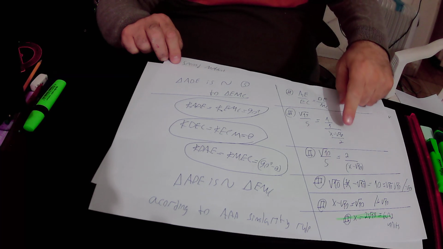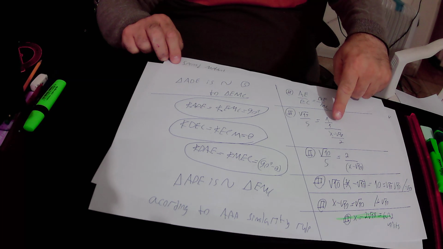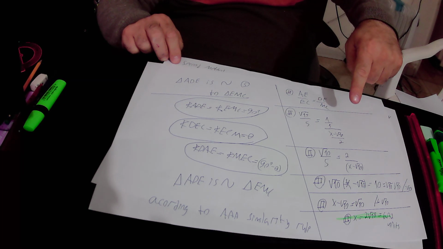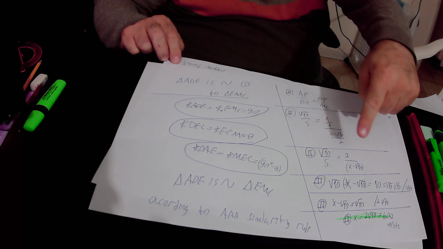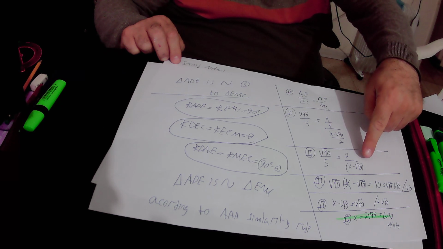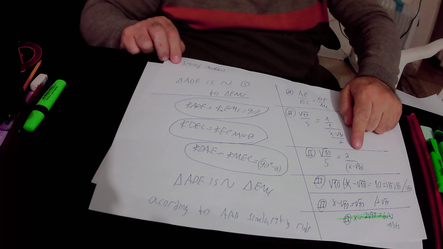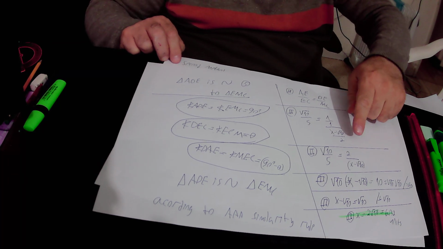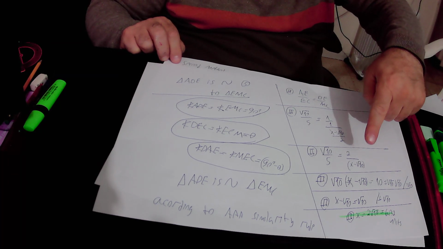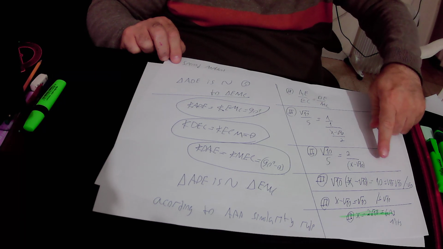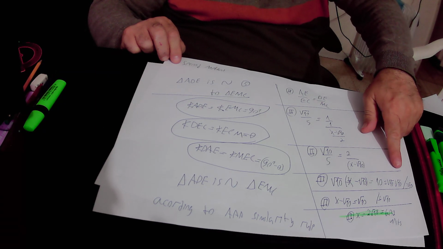Here we move 2 to the numerator and x minus square root of 10 to the denominator, and we get square root of 10 over 5 equals 2 over x minus square root of 10. Multiplying this equation, we regard that square root of 10 times x minus square root of 10 equals 10, but 10 is square root of 10 times square root of 10.